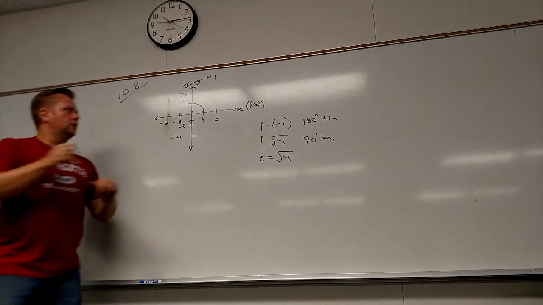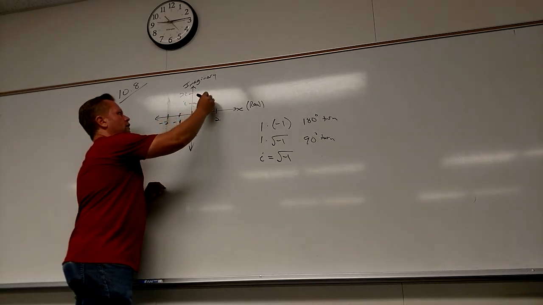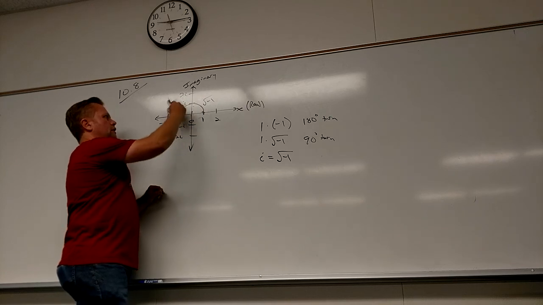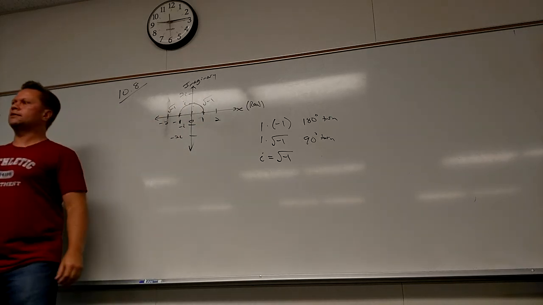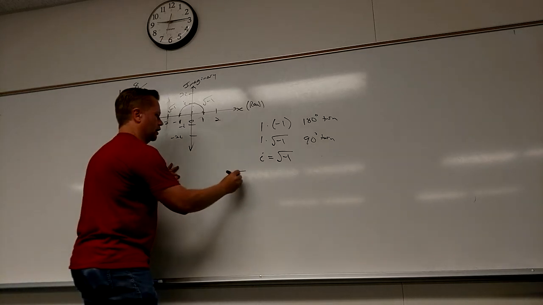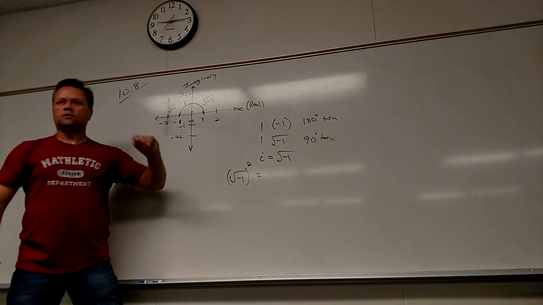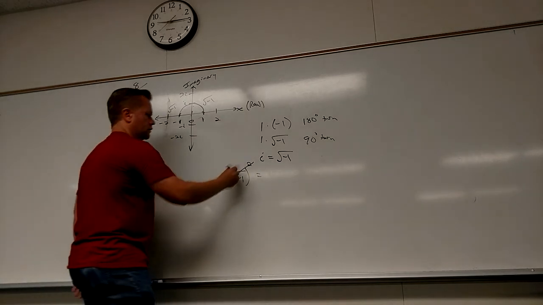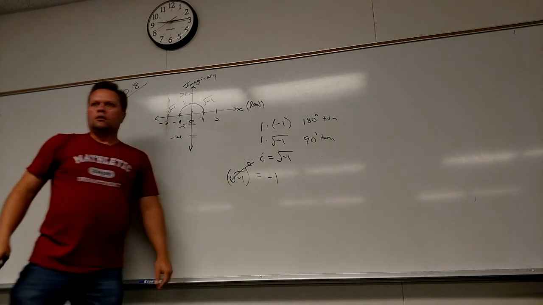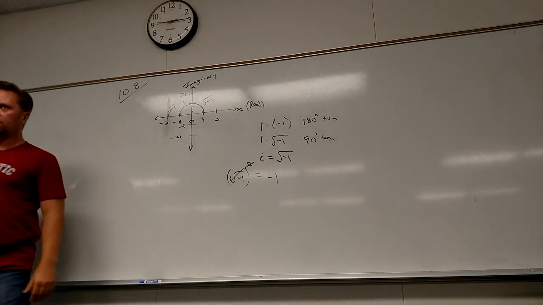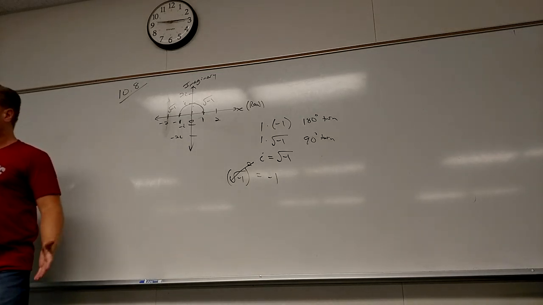So if I do 2 of these turns, I end up doing the same thing as if I multiplied by -1. And why does that make sense? Well, what's the square root of -1 squared? What happens to the square and the square root? They cancel. So the answer is -1. That's the first type of number we've ever seen where when you square it, you get a negative result.